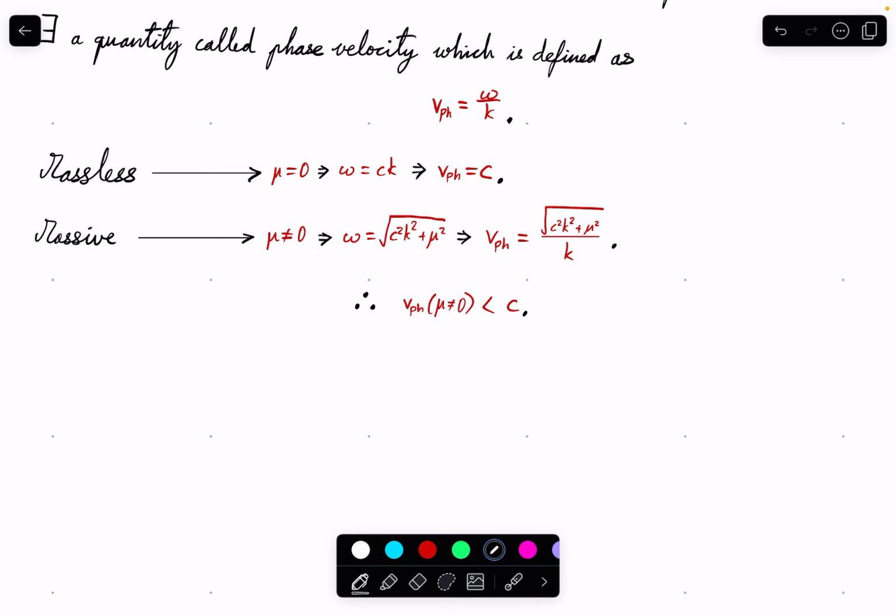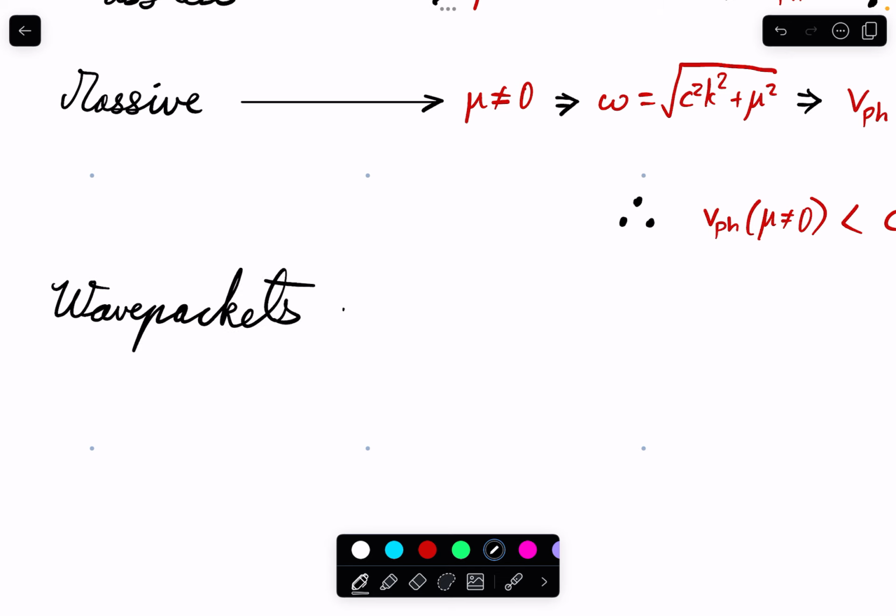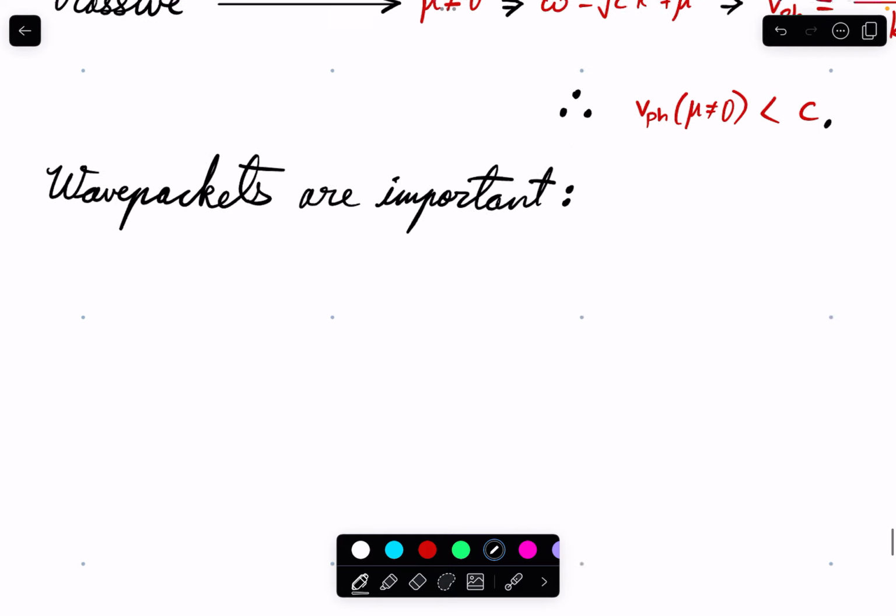There's also another important concept called wave packets. Wave packets are important. And we have two cases.